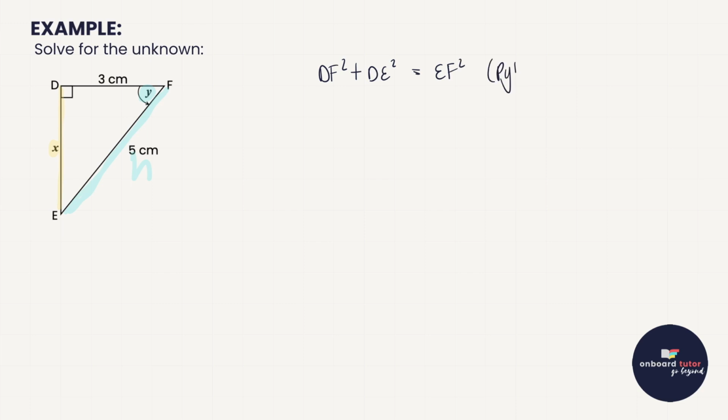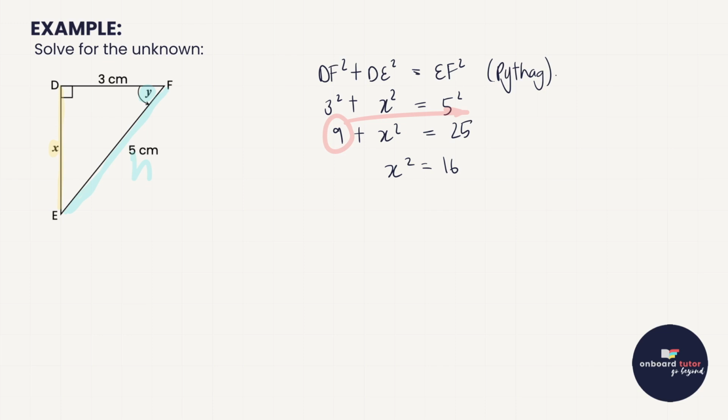Then we always give a reason there. The reason is Pythagoras. Then we substitute in what we know. DF is 3. DE we don't know, that's just x for now. Equals EF, which is 5. So 9 plus x squared equals 25. Then we move this 9 across, so we're left with x squared is equal to 16.